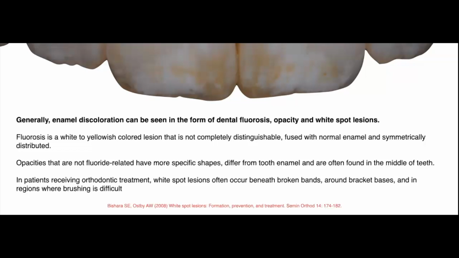Often this acid attack around these brackets due to the biofilm is only transient, and because it's transient, these white spots then remineralize and become shiny. So orthodontic white spots after removal of braces normally are already remineralized, and you can see them as white shiny spots.